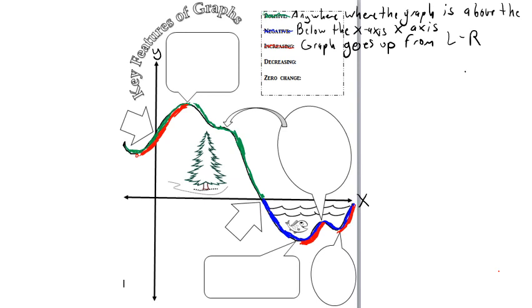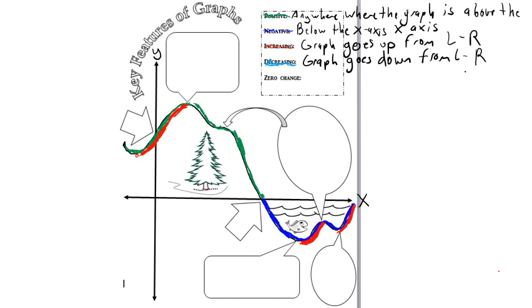And now, obviously, decreasing is where the graph goes down from left to right. So the graph goes down from left to right. For that one, I'm going to use this weird color. I'm not sure what color this is. It's like a blue, I guess.